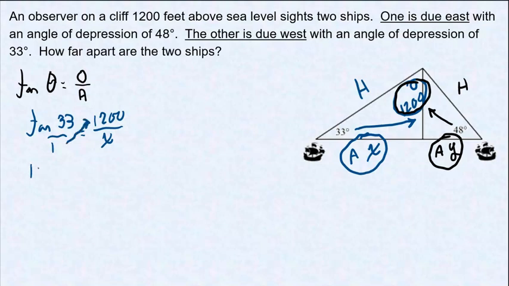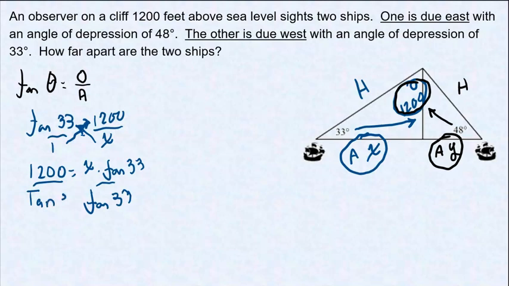So that is 1,200, then x times tangent 33, and now I'm going to divide by tangent 33.